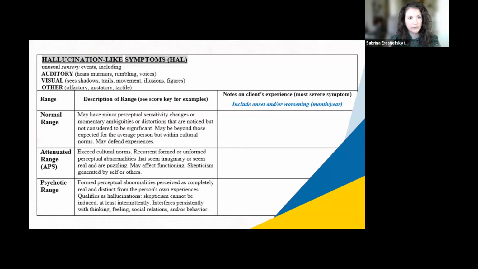Within the hallucination-like symptoms, remember we're covering all the different sensory systems, with auditory and visual typically being the most commonly experienced, but it can impact any of the different sensory experiences. And again, some examples here about what it might be like to experience a normal range, attenuated range, and a psychotic range experience.